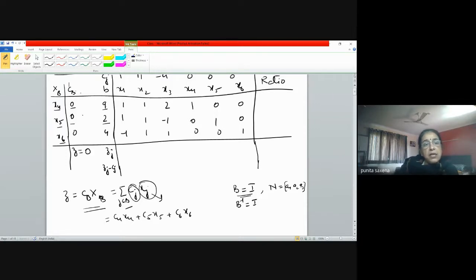See, this is the right hand side. So this second column tells you the values which these variables are going to take. This means X4 is equal to 9, X5 is equal to 2, and X6 is equal to 4, so that your Z will be nothing but 0 into 9 plus 0 into 2 plus 0 into 4, which is 0.